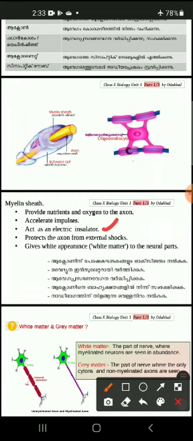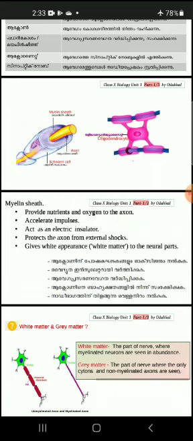Just like copper wires are surrounded by plastic insulators, in the place of wires you can imagine the axon of a neuron. The axon of the neuron is completely insulated or encircled by a myelin sheath. So it will not allow any other electric impulse to enter through the axon.